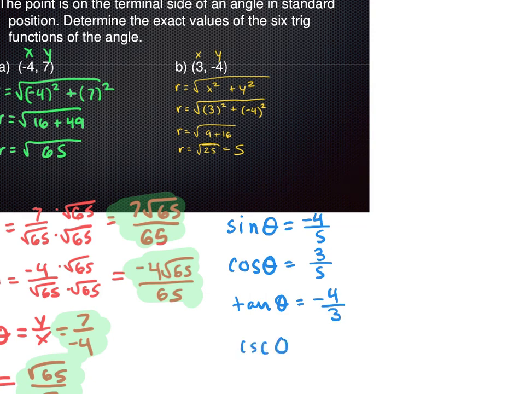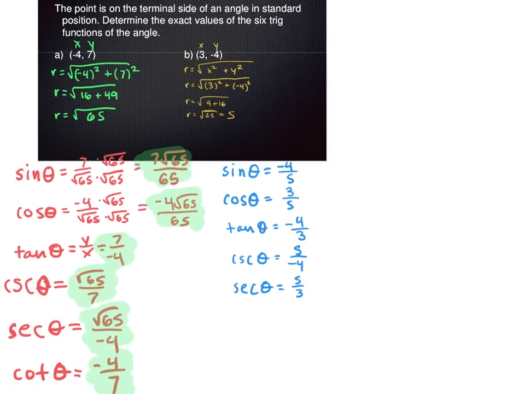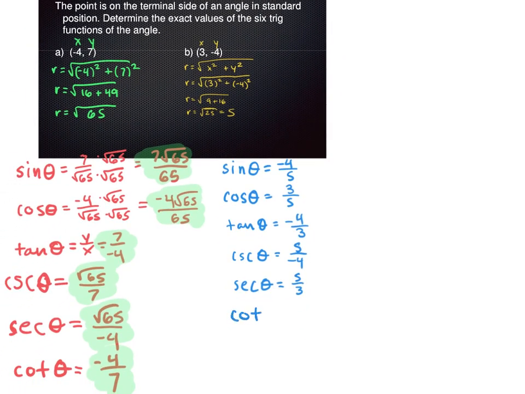Cosecant of theta, 5 over negative 4. Secant, 5 over 3. And cotangent, 3 over negative 4. Awesome.